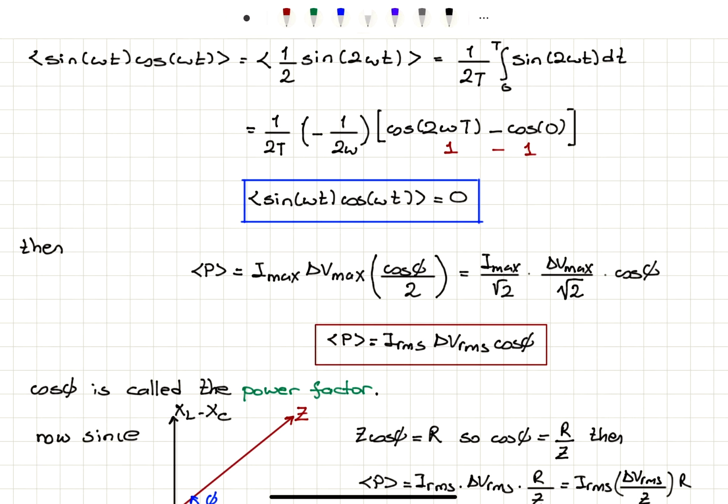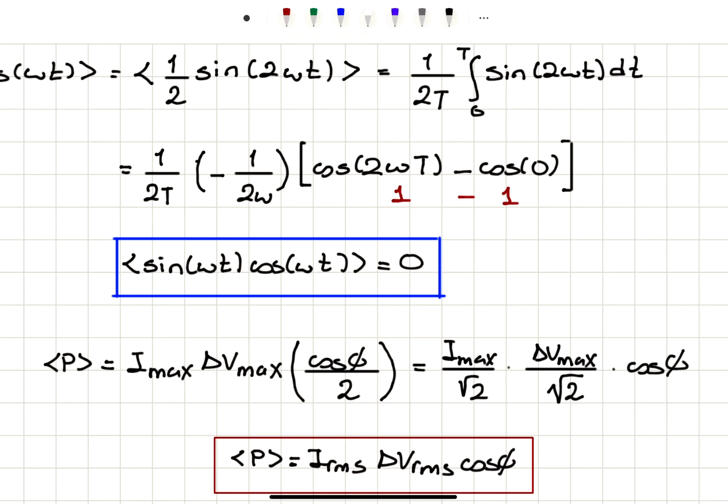What is the time average value of sine ωt multiplied by cosine ωt? Well, that's sine 2ωt divided by 2, since sine 2ωt is 2 sine cosine. So that is 1 over 2 period, integral from 0 to 1 period, sine 2ωt dt. And the integral of sine is minus cosine.